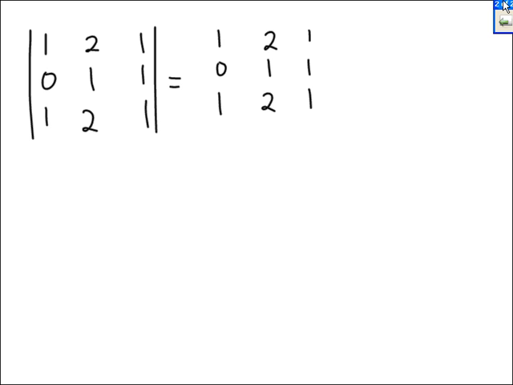And then you repeat the first two columns. 1, 0, 1, 2, 1, 2. And then you do something that is called the spaghetti technique. It's just spaghetti.